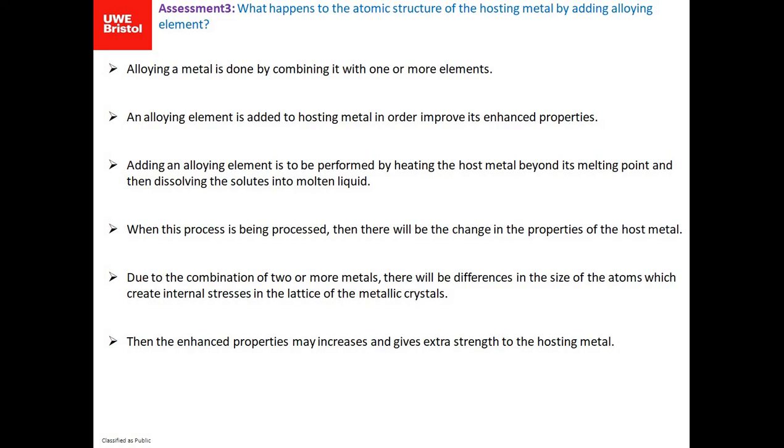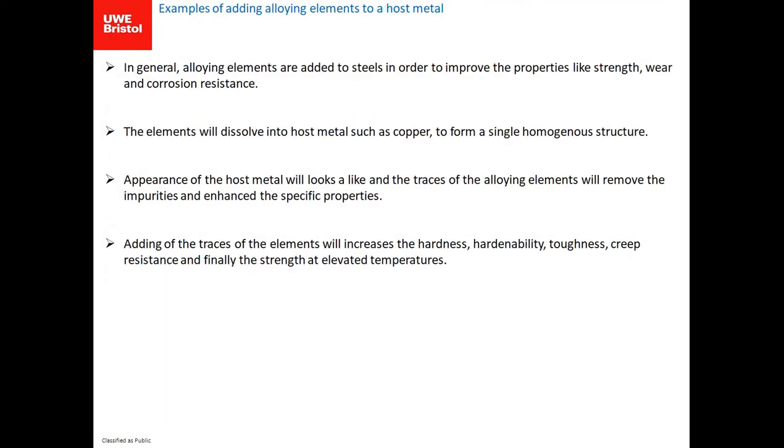So, during the chemical reactions, or during the collisions, and the development of stresses, there will be enhancement of properties for the combined material being prepared. And this combined material gives extra strength when compared to the original elements, which is very helpful in real-time practical applications.